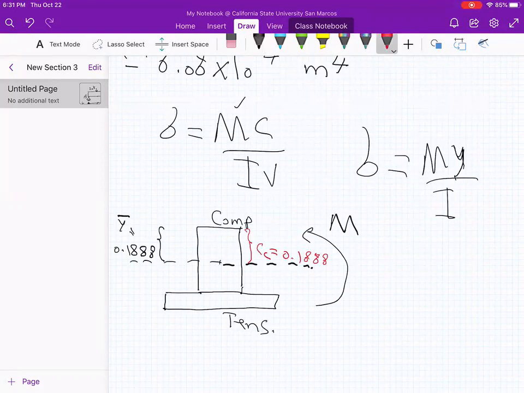And for c of the tension, because we want to find the maximum, this is the maximum for compression. In the bottom, the maximum here, c of tension would be 0.31 minus 0.188, right? Do you agree with me?